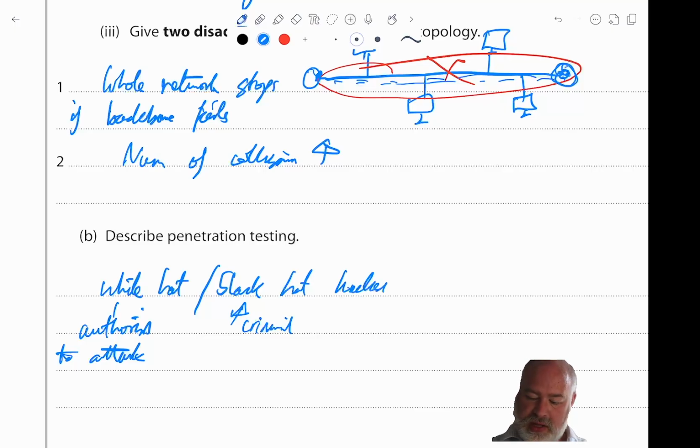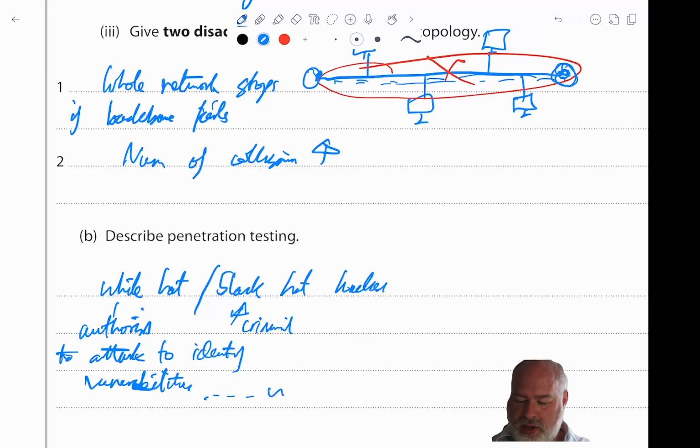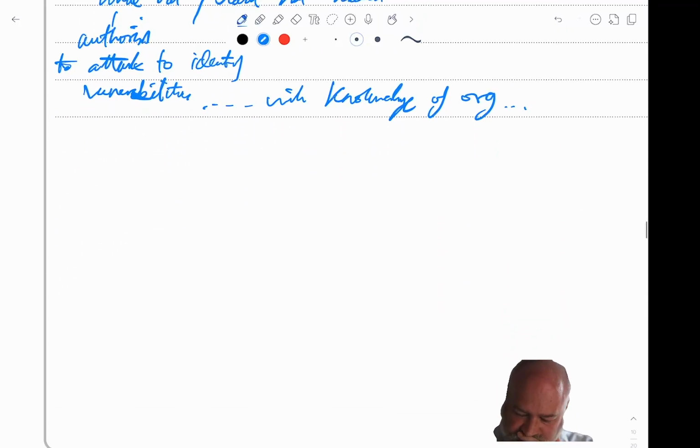Black hats are usually cyber criminals. Grey hats are sort of in between, but white hats are usually people that work in the company. Authorized attack, to identify vulnerabilities. So it's carried out with the knowledge of the organization. Okay, white hat.